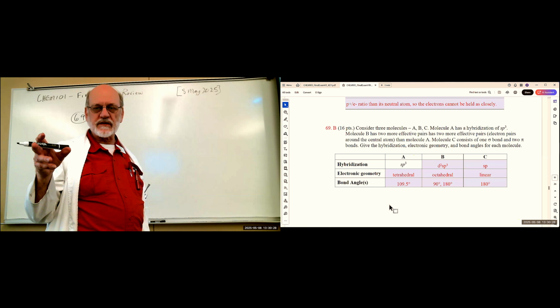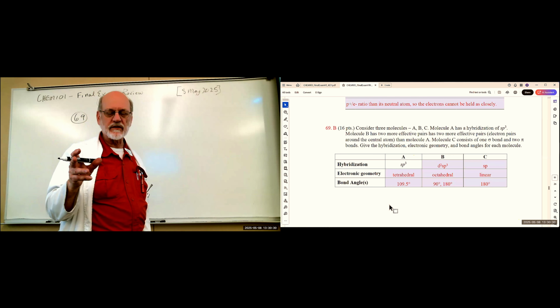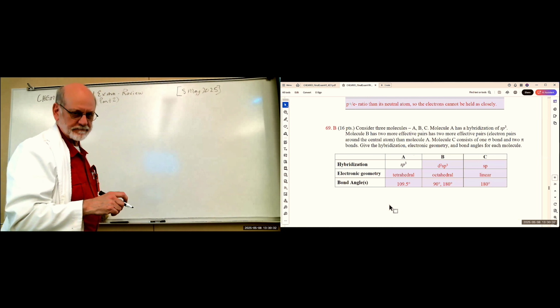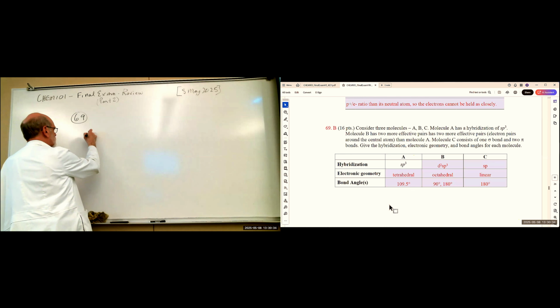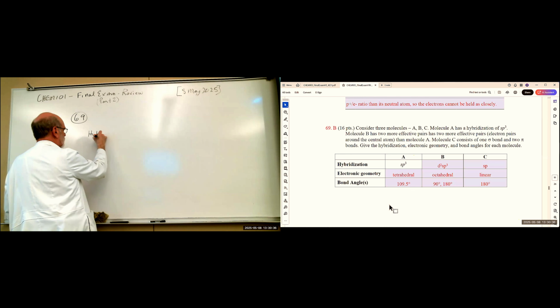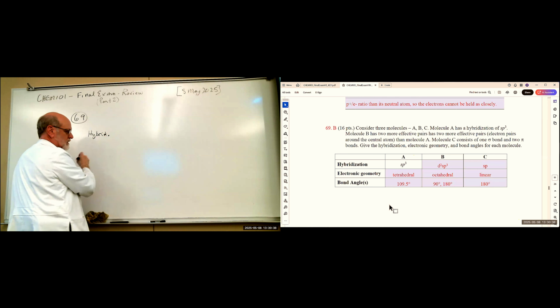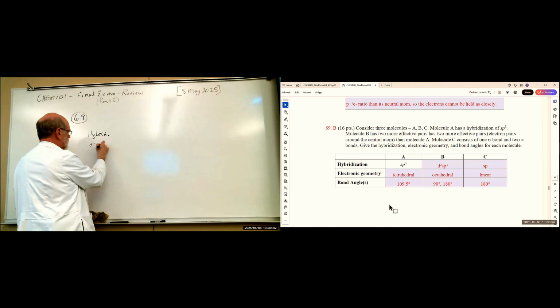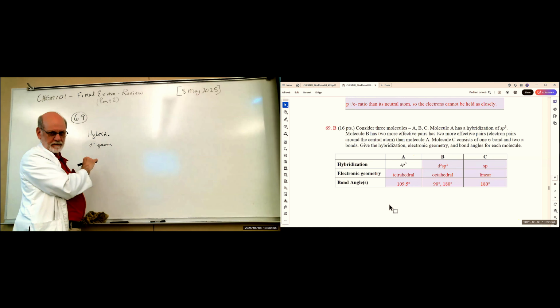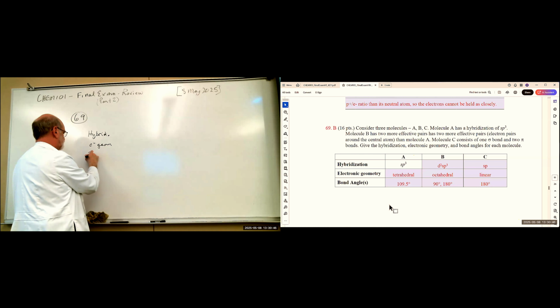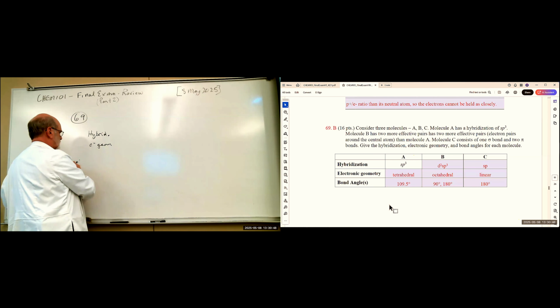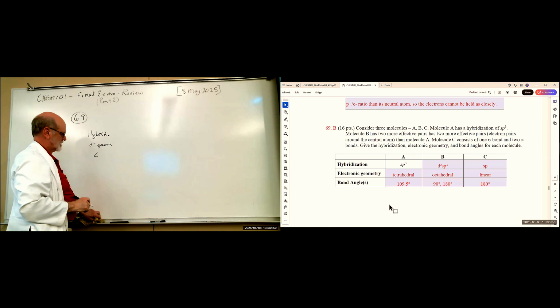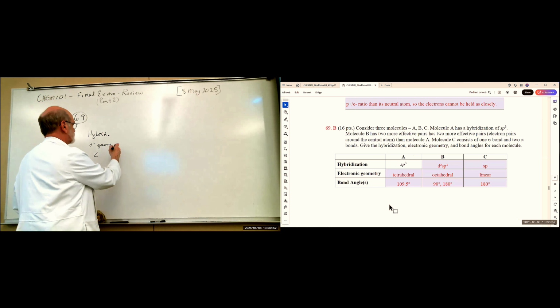And molecule C consists of a sigma bond and 2 pi bonds. All right. Hybridization, and electronic geometry, bond angle. Let's see. We'll just do this, just like geometry class.